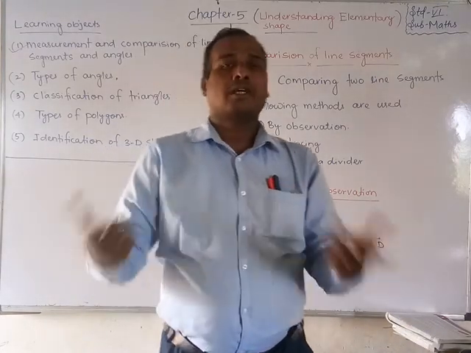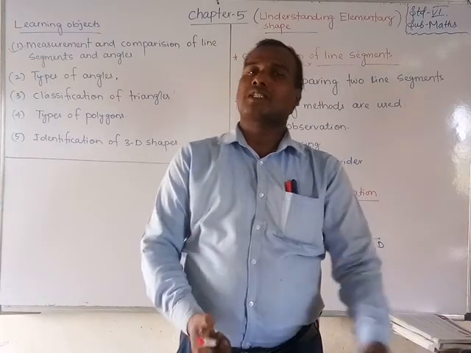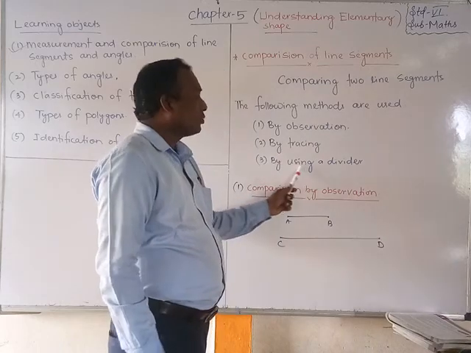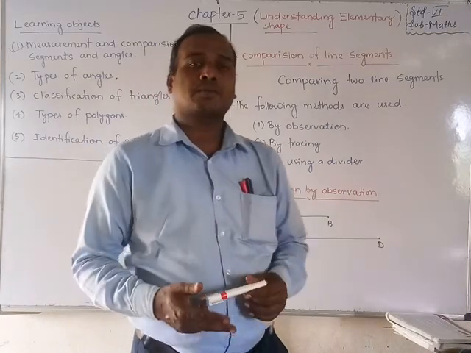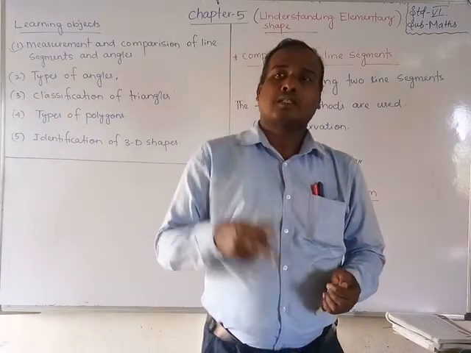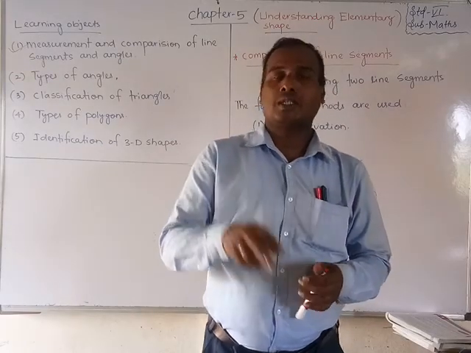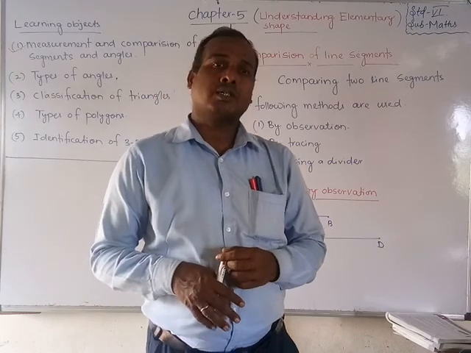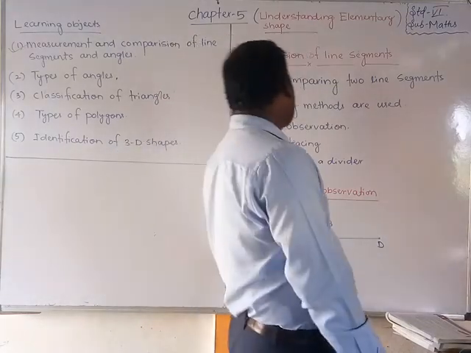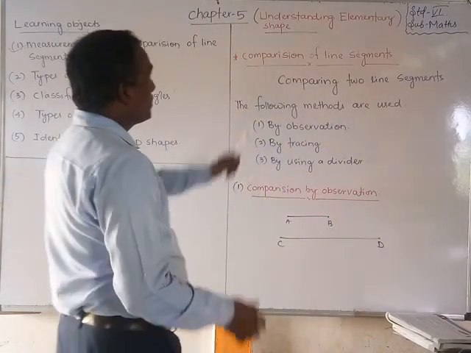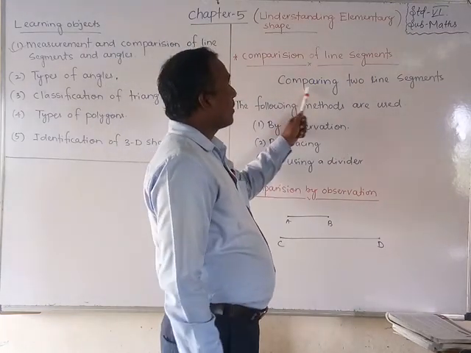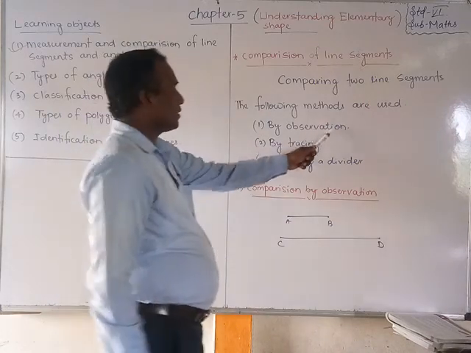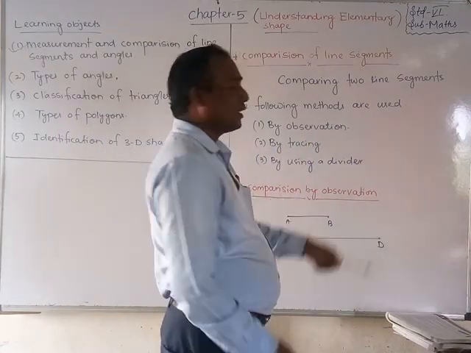We put one on the other and understand which one is larger. Third, by using a divider. In our compass box there is a divider, which we can also use to detect which one is smaller or larger. Okay, so let us start. You see comparison of line segments. To compare two line segments, the following methods are used: observation, tracing, and using a divider.